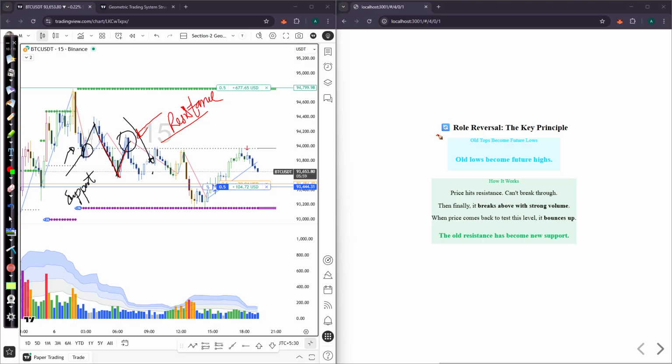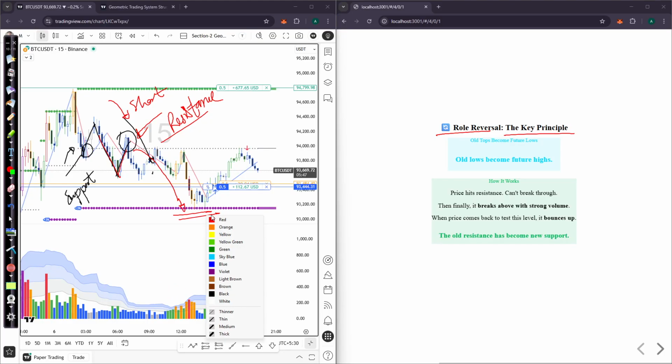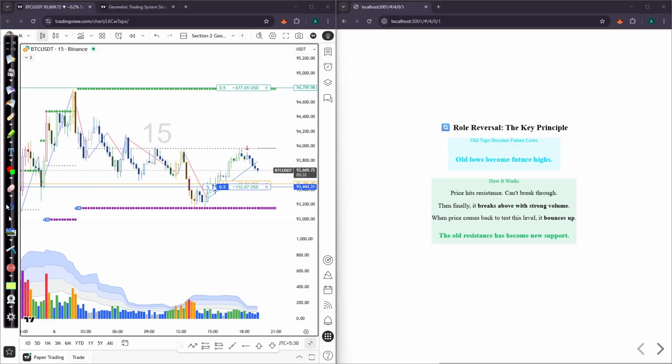So this is the role reversal key principle. If you had entered short there, this was your profit target, 50% level. Now here you see this support level was holding. This was a strong support, and that's why we entered a long trade, took half of the profit there, and we just let the other half run. So this is the concept, guys.